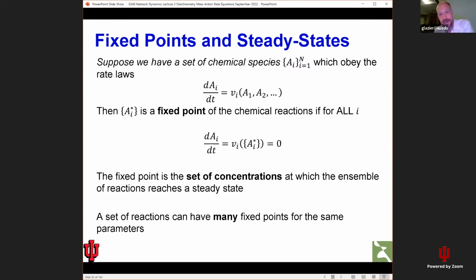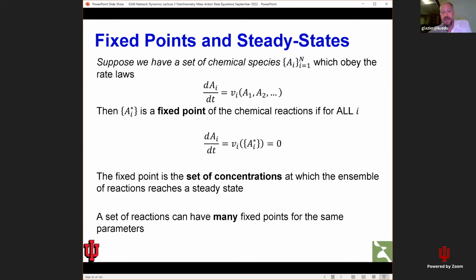If I want to do summation, it's a lot easier to do that than have called A, B, C, D, E, although for chemical notation, you'd always use the latter. A sub i as a vector is a fixed point of a chemical reaction if dA_i/dt is equal to 0, the rates are 0 for all of the A's independently.